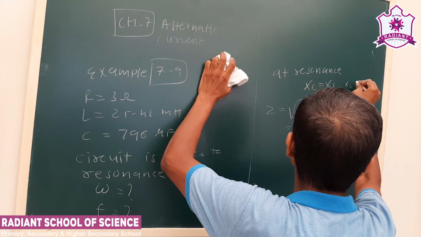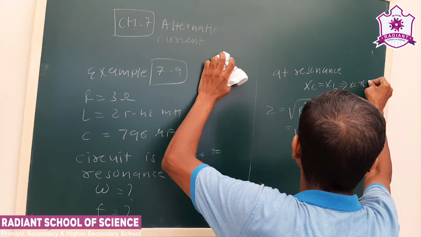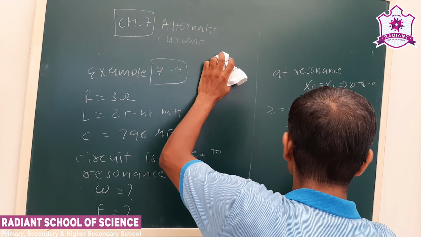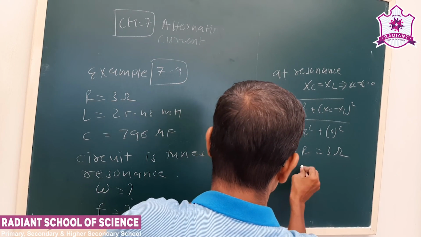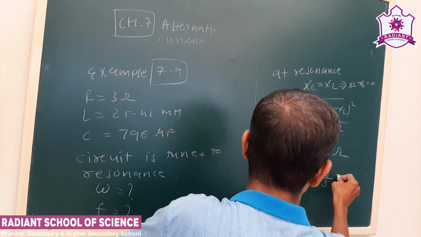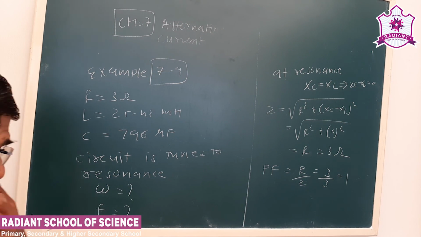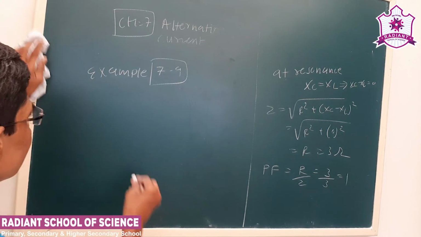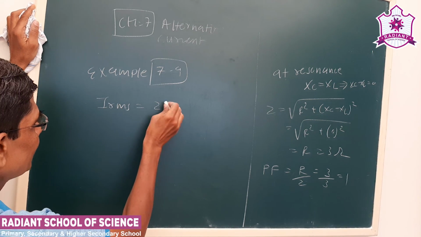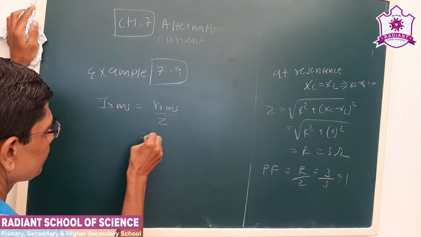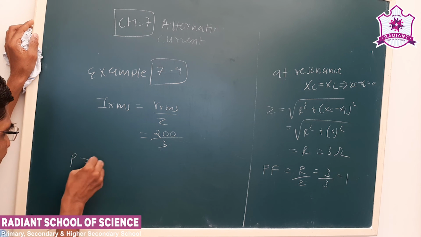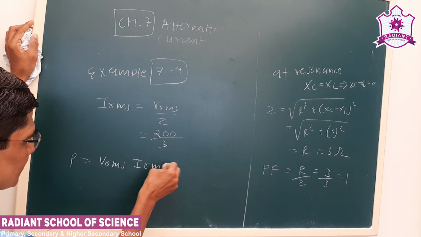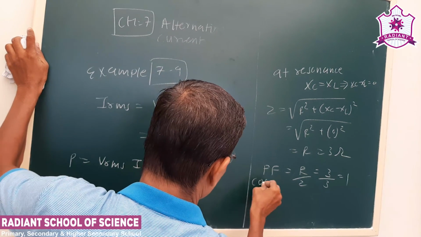Now see, Z, this will become 0 in the reactance part, so Z is equal to R. Now power factor is R by Z. But now the Z has changed, so the current also will change. IRMS is VRMS upon Z. Now the power is VRMS, IRMS, cos phi, where cos phi is our power factor.